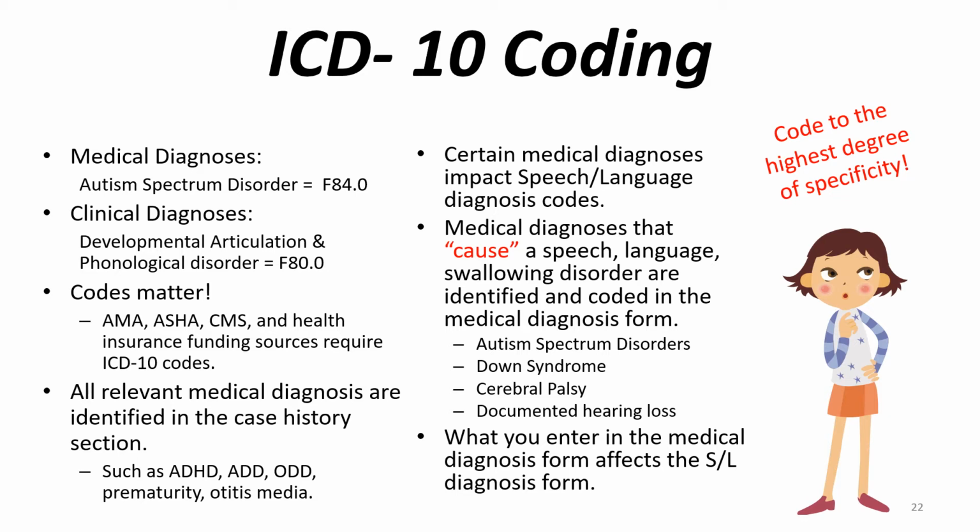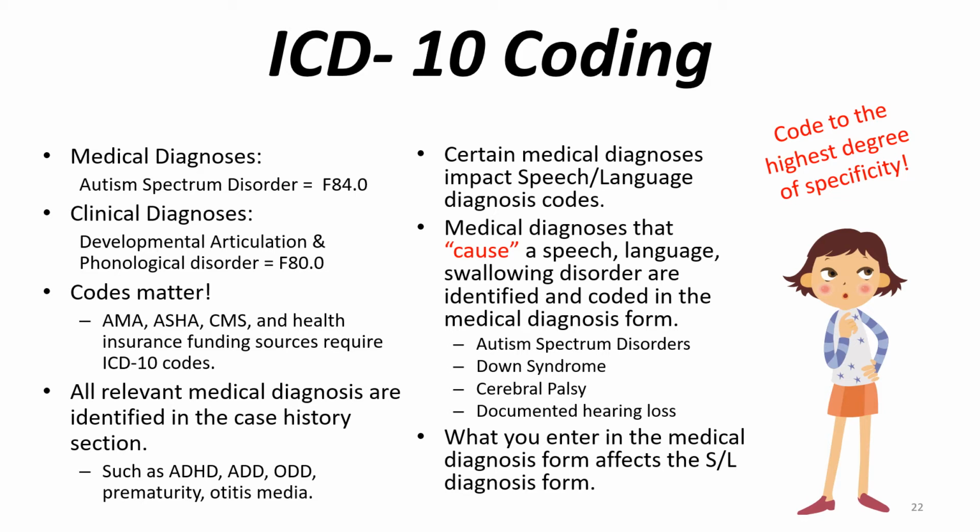There are ICD-10 codes for both medical and clinical diagnoses. For example, a medical diagnosis that most clinicians are familiar with is autism spectrum disorder, and its ICD-10 code is F84.0.